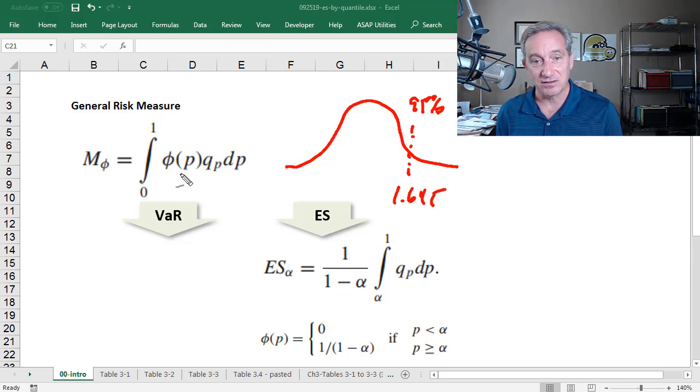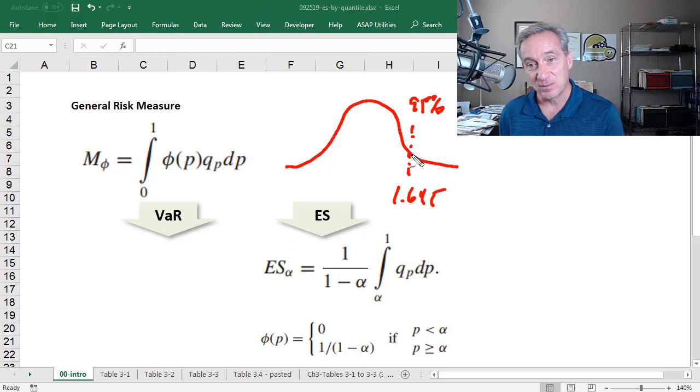because it has a certain risk aversion function, which again is a function for weighting the quantiles. And so here is the risk aversion function for the expected shortfall. It's saying that if the probability is less than the confidence level, the weight is 0. In this case, if we're to the left of 95% confidence, we're getting a weight of 0.